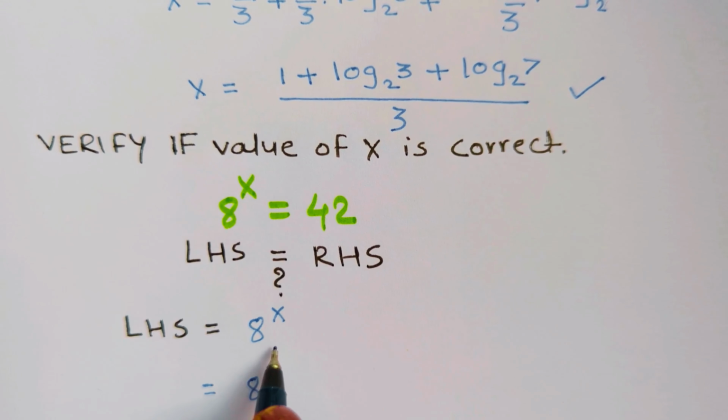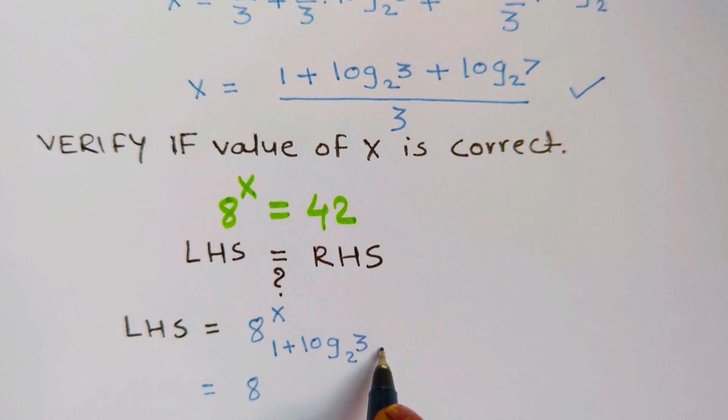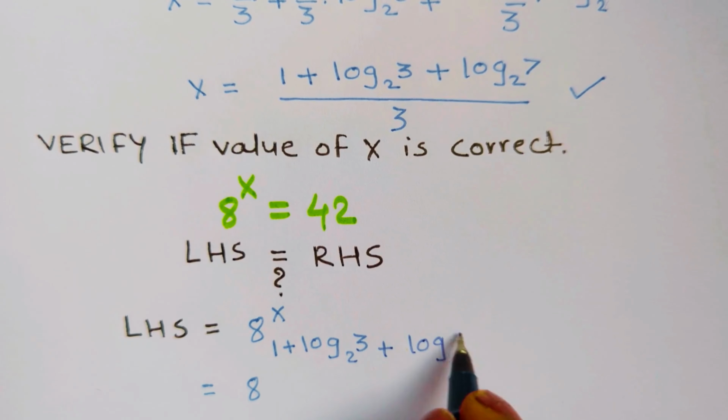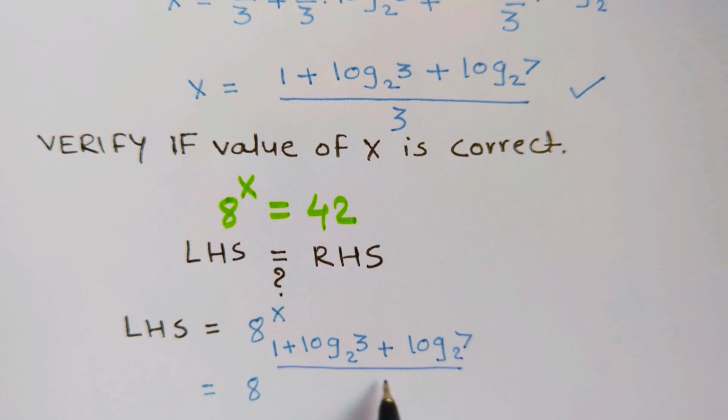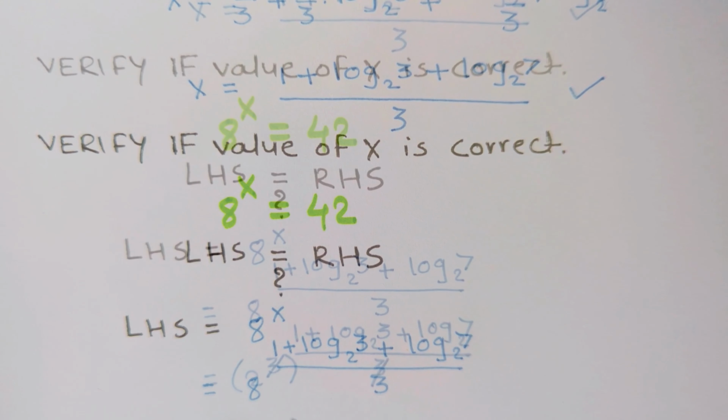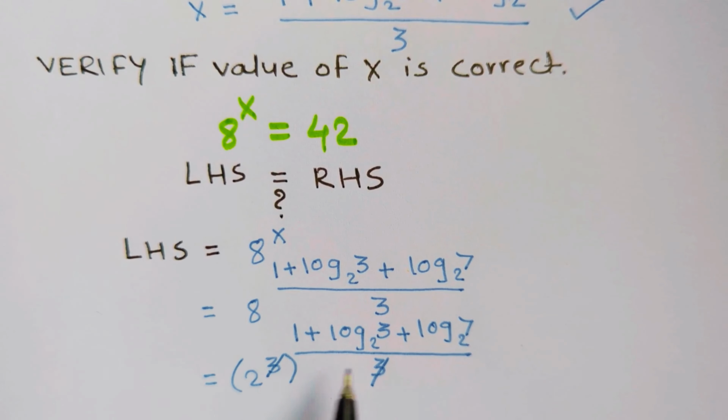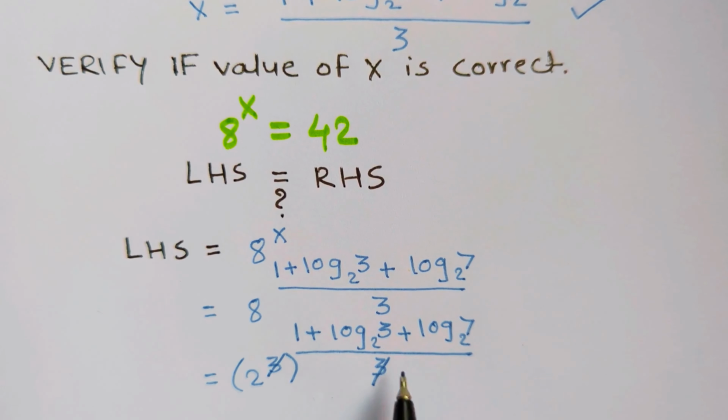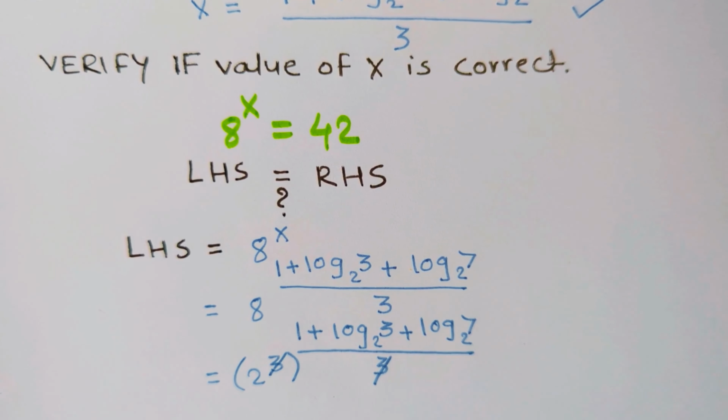So the left hand side would be 8 to the power (1 plus log 3 with base 2 plus log 7 with base 2) whole divided by 3. Now this 8 can be written as 2 to the power 3, with the same value of x. This 3 gets cancelled out.